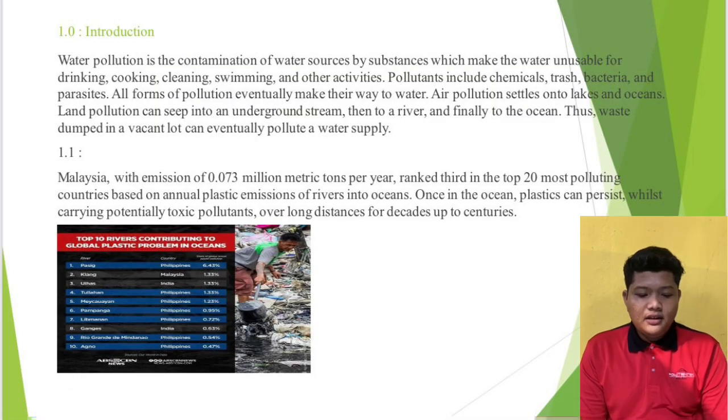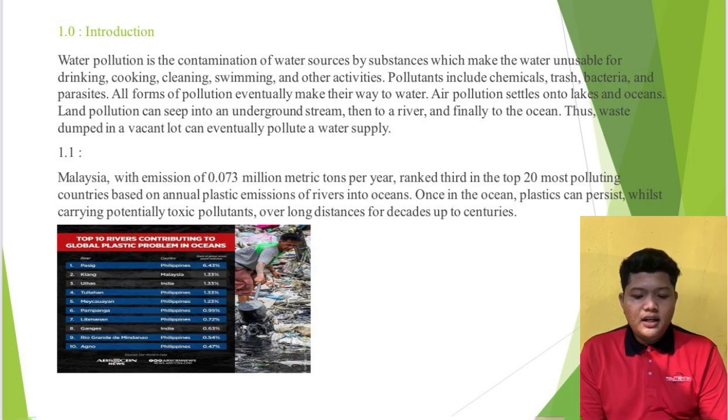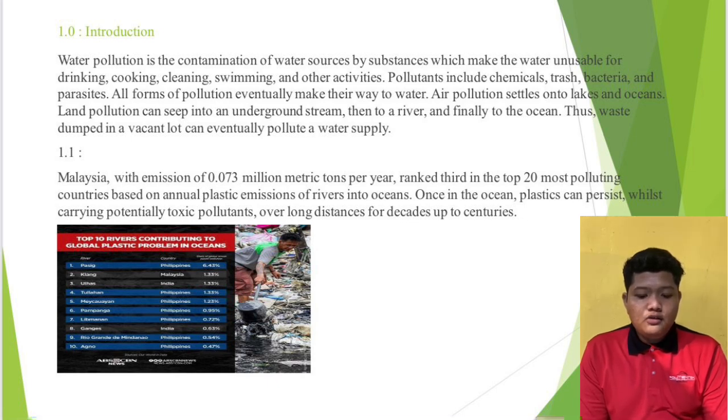Okay, next, 1.0 is introduction. Water pollution is the contamination of water sources by substances which make the water unusable for drinking, cooking, cleaning, swimming and other activities. Pollutants include chemicals, trash, bacteria and parasites.